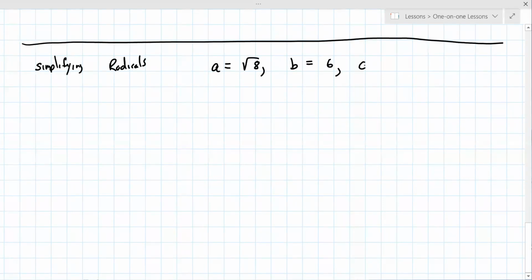What does c equal? It's 2 root 11. You got the square root of 44 and 2 root 11. Okay, good.